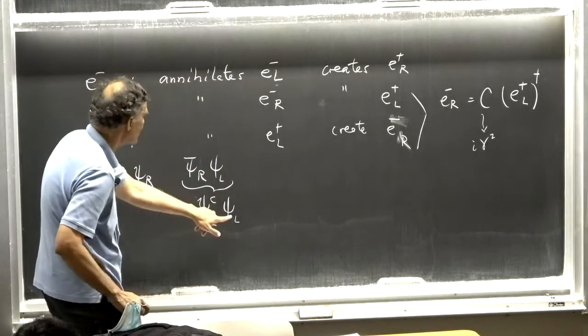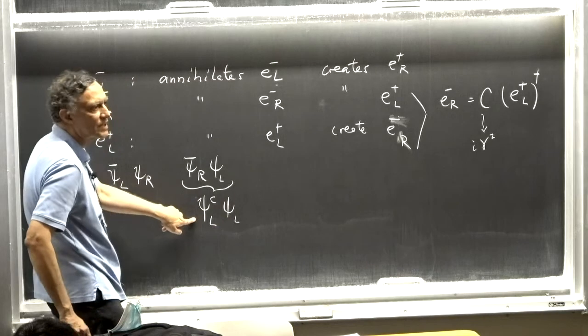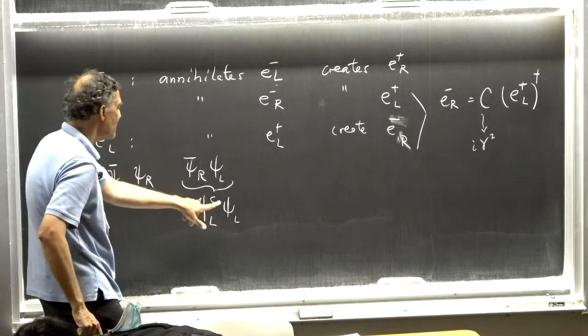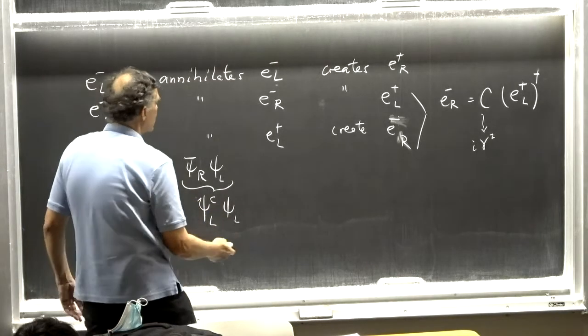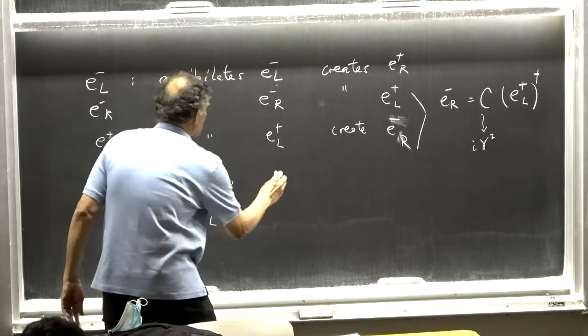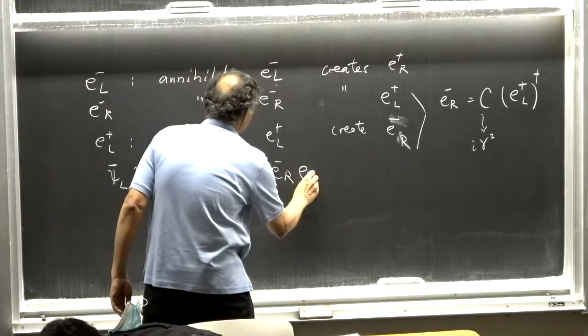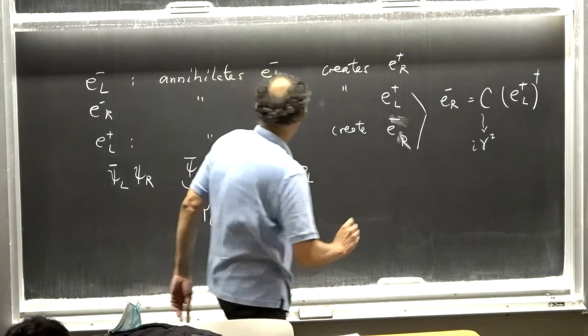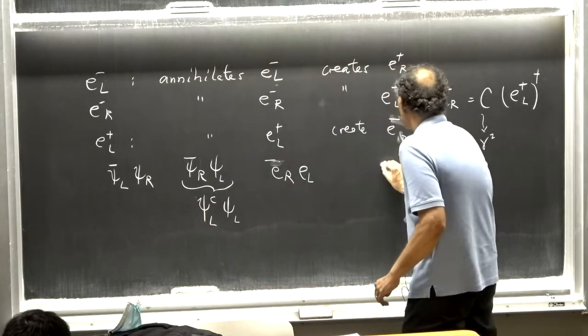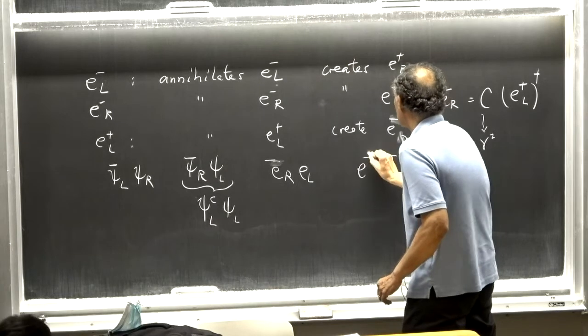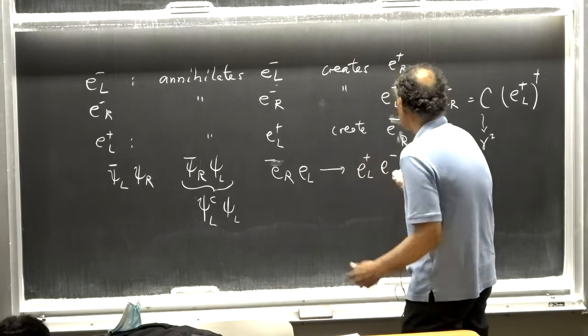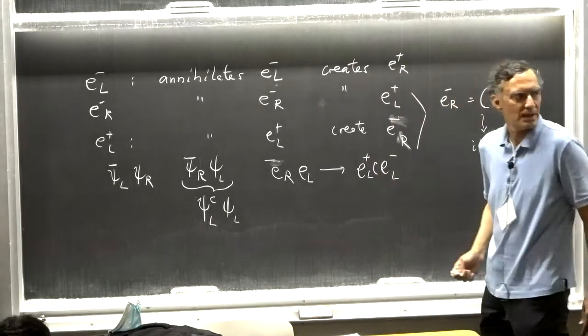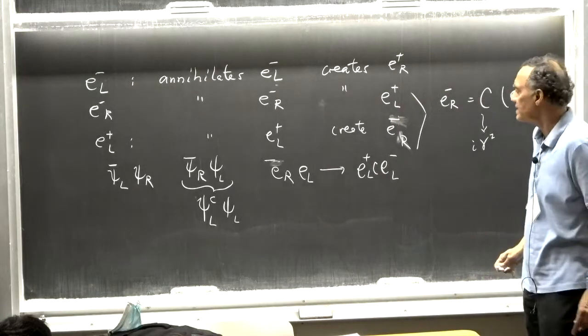So for example, if this was the electron field, this would be the positron field. And I won't put in all the SU(2) indices. So the electron mass term could be this. You could write this as e bar left, e right, or as e minus left, e plus left, with the C matrix in the middle. It's two different ways of writing the same thing.